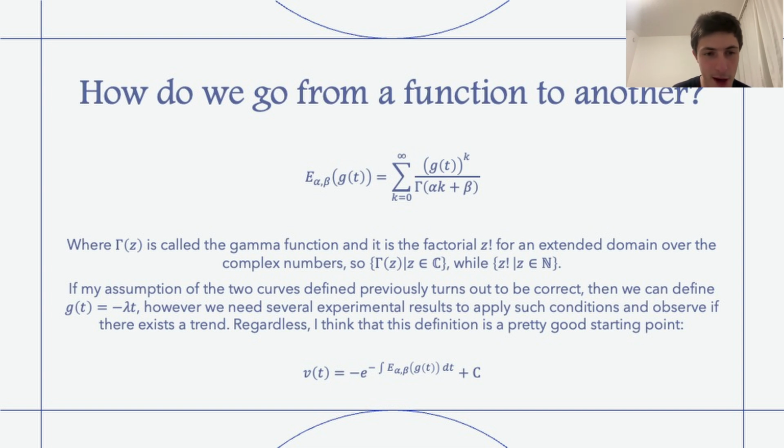And alpha and beta are just variables. Technically, beta will always stay at 1 if the functions are very, very easy to determine. Beta generally stays at 1, and you have kind of the reduced Mittag-Leffler function.